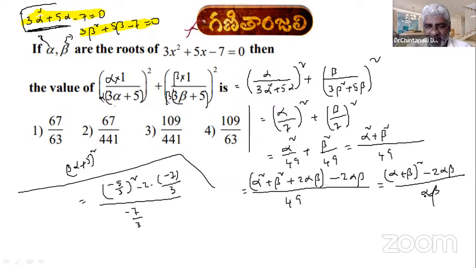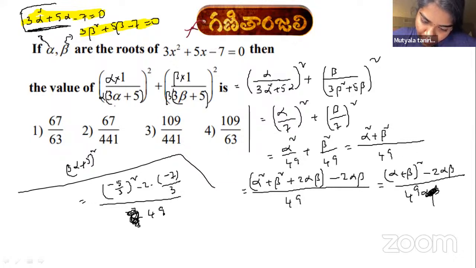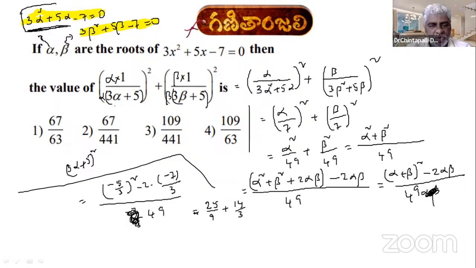Sorry, I wrote 49 by mistake. It is just 14 only; alpha beta is not there. So it's 25 over 9 plus 14 by 3, whole by 49.